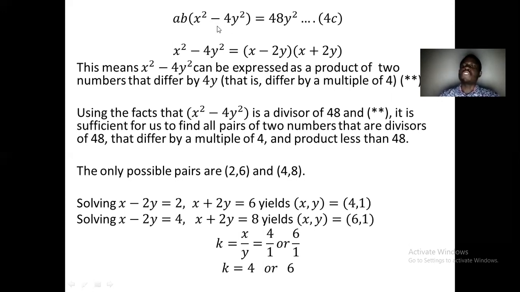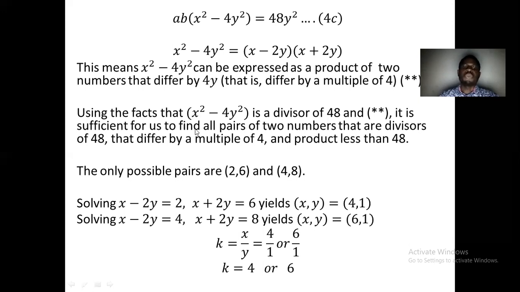So we want to use that fact. We want to find all divisors of 48 and pair any two of them whose difference is a multiple of 4 and whose product is less than 48.